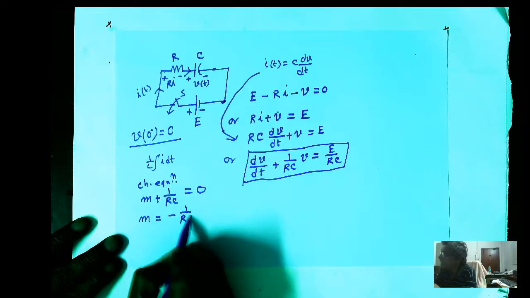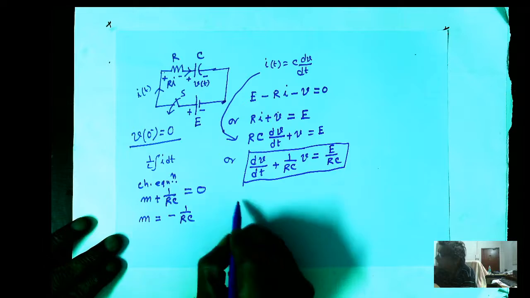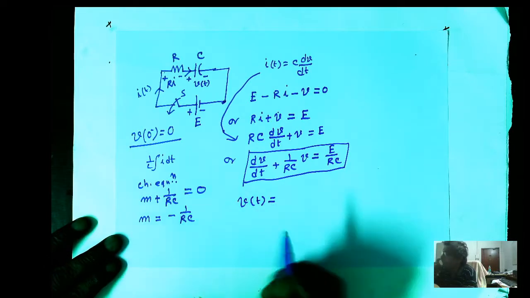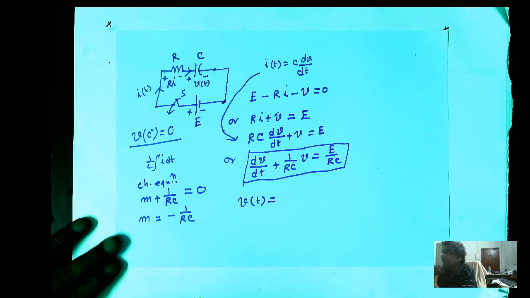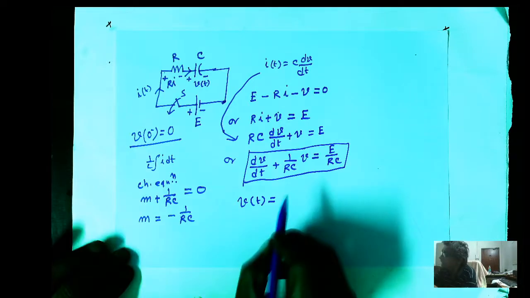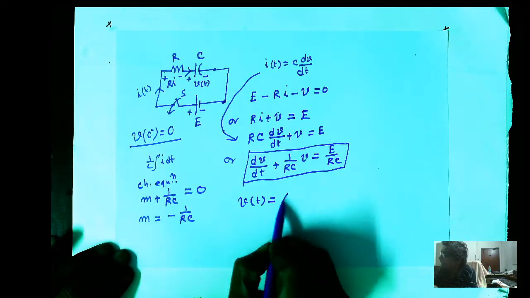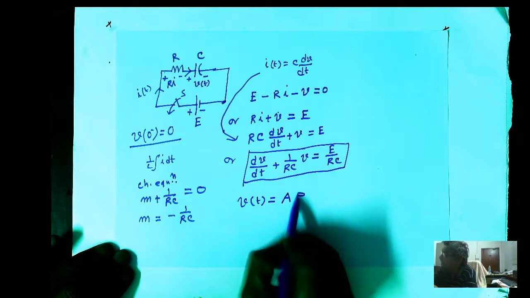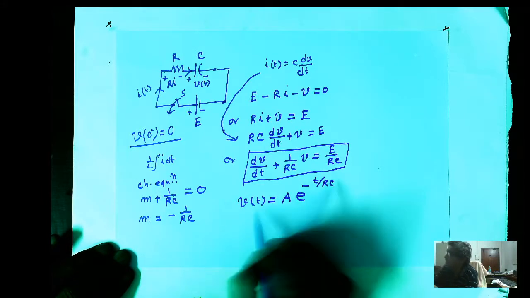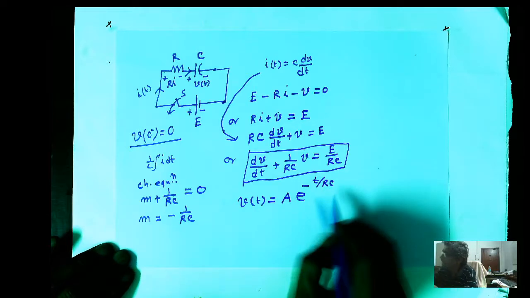Then I will straight away write the voltage across the plate of the capacitor will be some constant A into e to the power minus t by RC, and then the solution due to the forcing function.